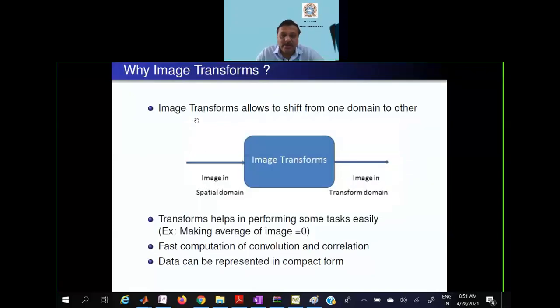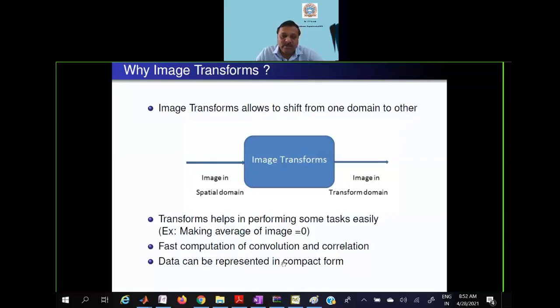So what we did here is let us just try to refresh. We understood that image transforms allow the image to shift from spatial domain to the transform domain, and one of the needs or requirements of taking an image transform is that some operations can be performed easily. A good example is doing convolution.